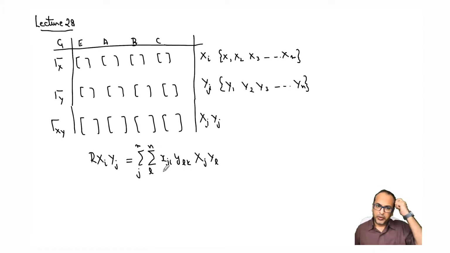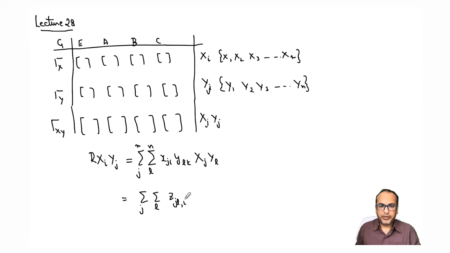right? Okay, and then we also saw that we can replace this with a single number because this is a product of numbers simply. So I can write this and the indices will be written as jl ik.